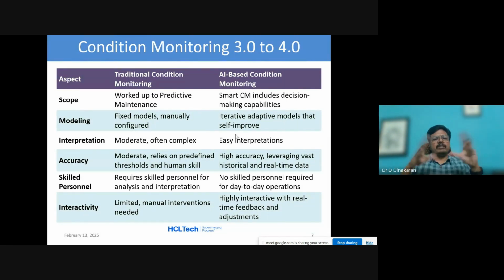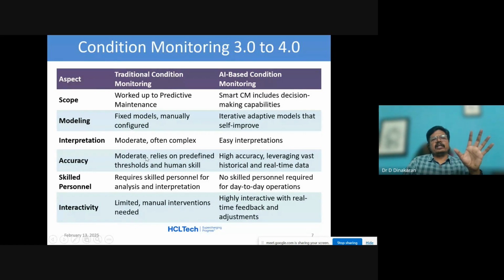Skilled personnel are not always available to take decisions in the factory, but AI can be implemented. Thereby, no skilled persons are required to diagnose the data. Directly, the AI can give the interpretation of the data to us. So these are the various advantages of using AI.